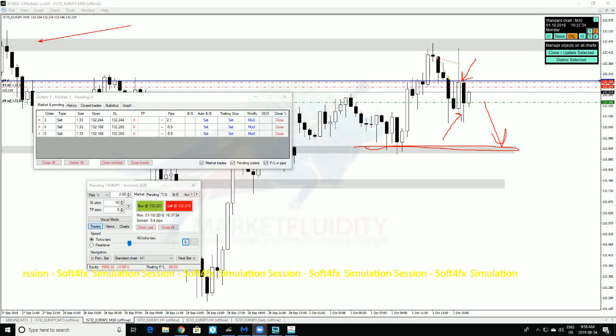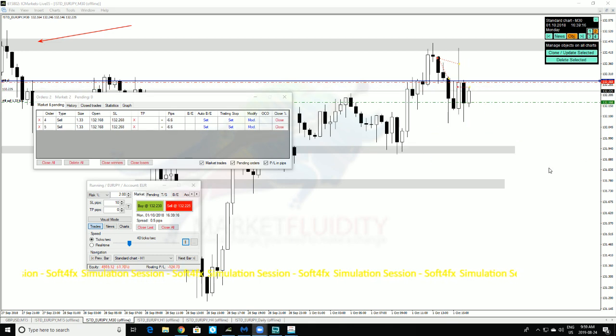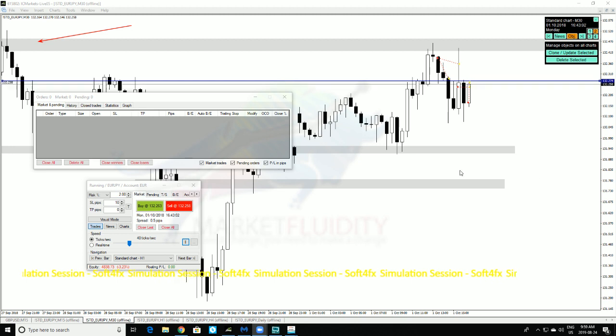So now price is creating a top wick on the 30-minute candle to continue moving down, but obviously we got stopped out.